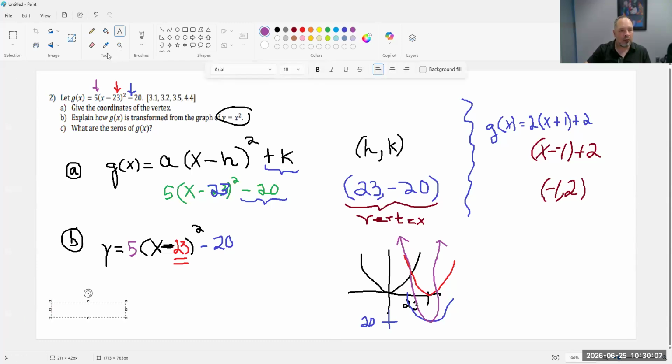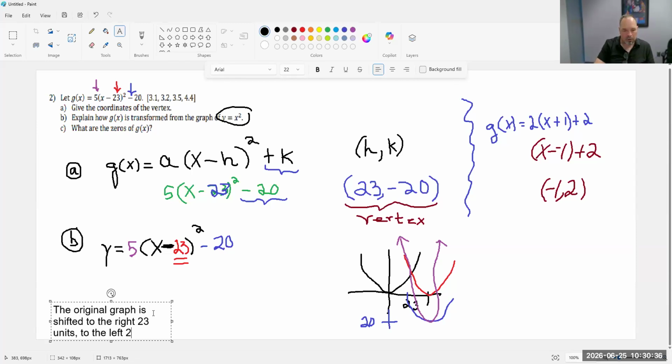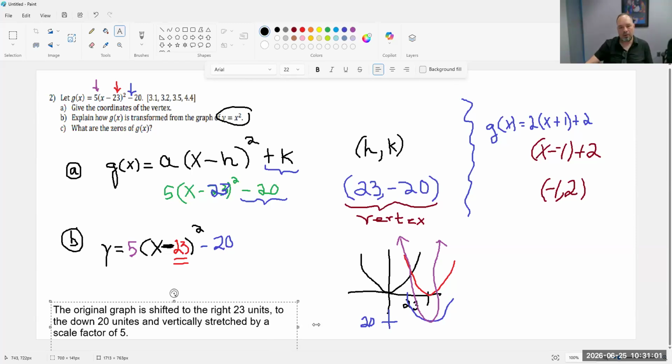So the way it's being transformed is the original graph or curve, if you want to use that language, is shifted to the right 23 units, to the left 20, no, I'm sorry, down 20 units, and vertically stretched by a scale factor of 5. And that's how it was transformed.